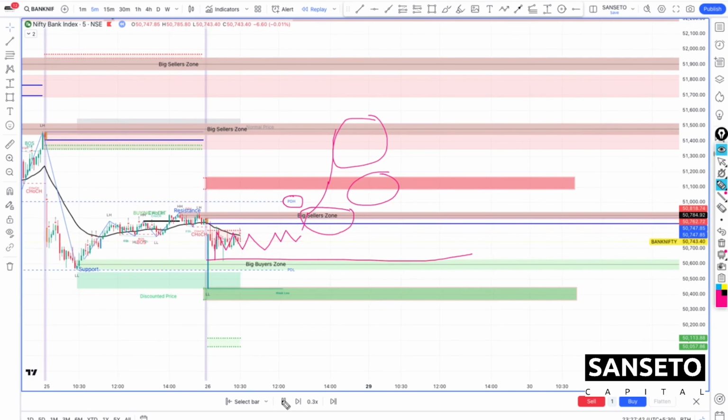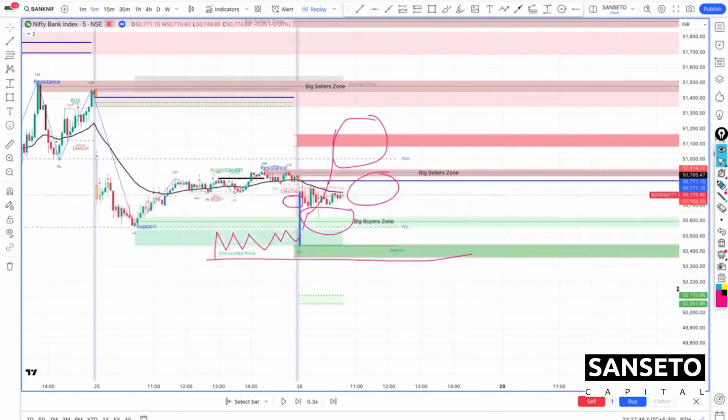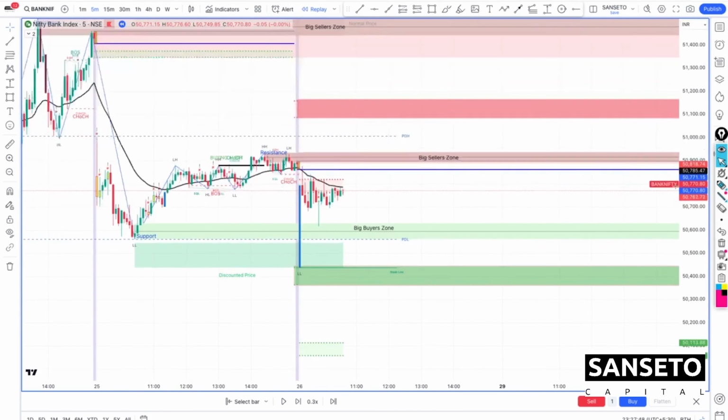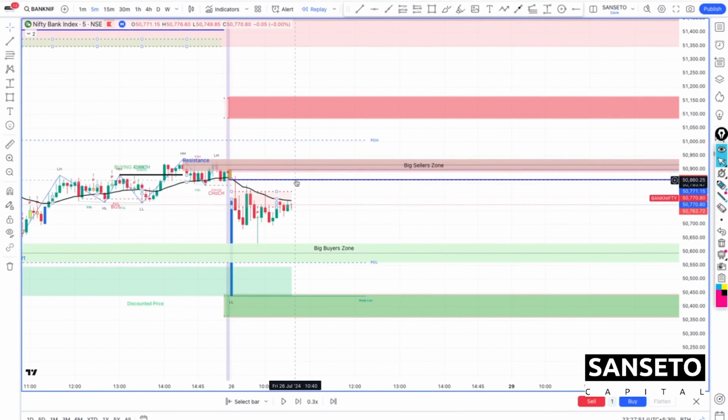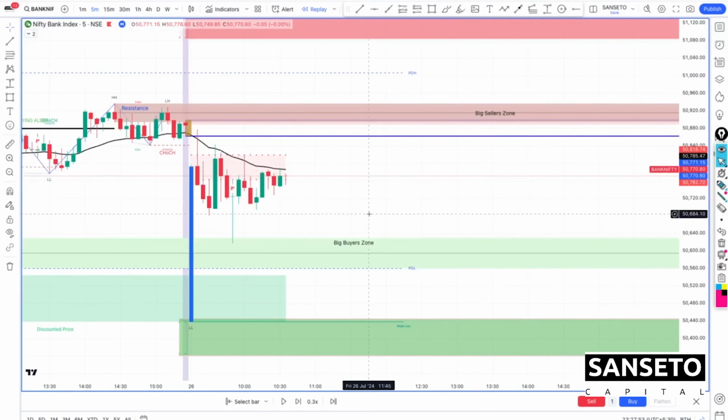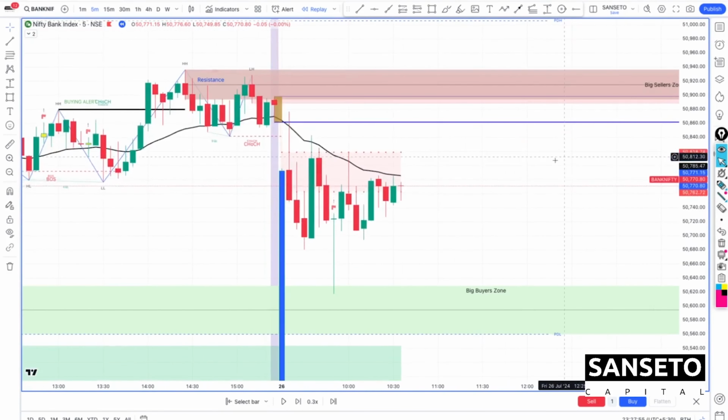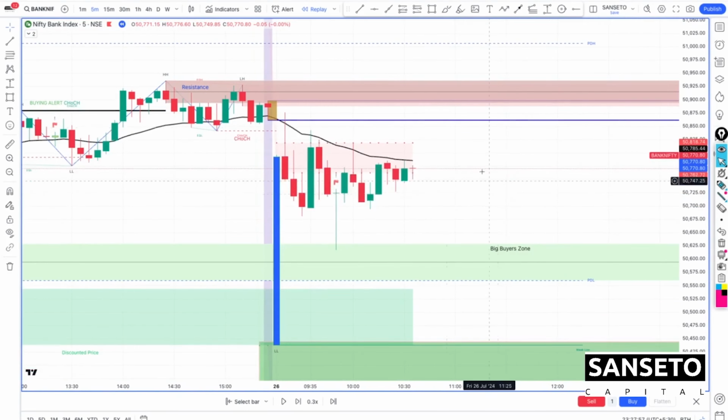One more thing I wanted to explain is, I told you about the previous day 5 minutes high and low. You could have remembered it. If you see here, this previous day high and low can act as a support or resistance, as I told you. The market opened down here, it went up.